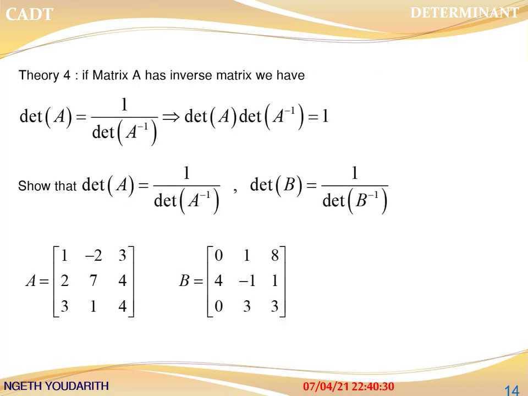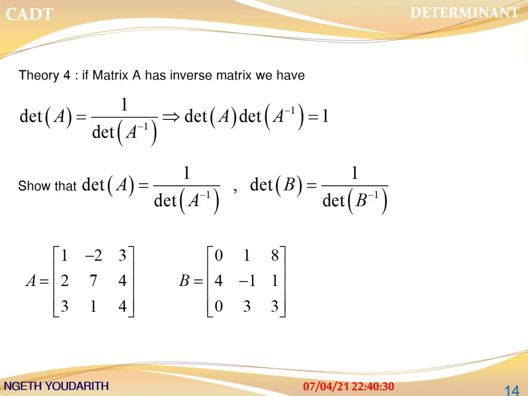The next point, if matrix A has an inverse matrix, we have determinant A equal to 1 over determinant of A to the power minus 1.